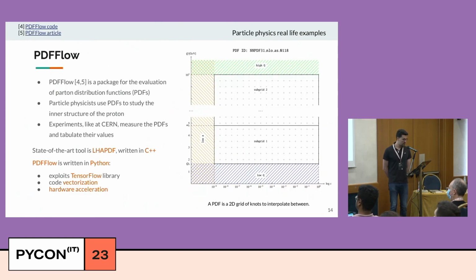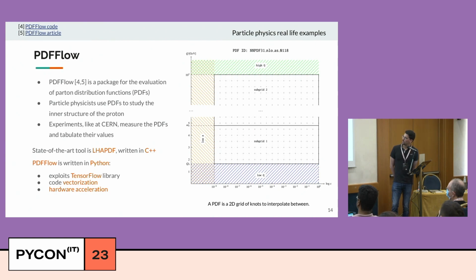Now, just to let you know that this is not just useful for simple use cases and toy examples. I just wanted to introduce you to a more complex example that we have experimented with during my physics research, which is interpolation. These are PDFs, which are mostly the way the protons are described in physics theories.